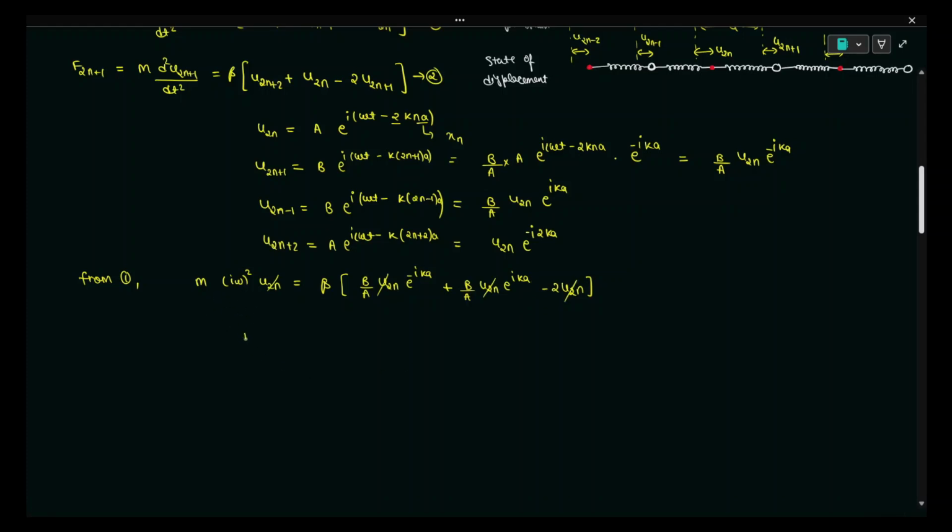So what I will get is small m minus omega square will be equal to beta b by a, and then this will become a cos function, so that will be 2 cos ka minus 2, or I can write this in terms of these amplitudes as 2 beta minus omega square small m a minus 2 beta cos ka times amplitude b equal to 0.